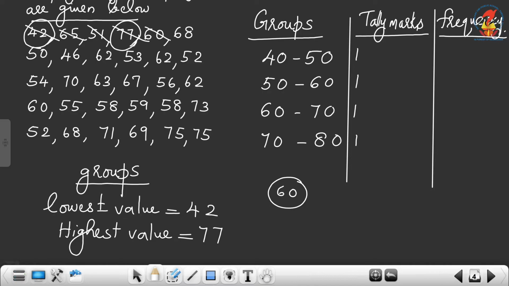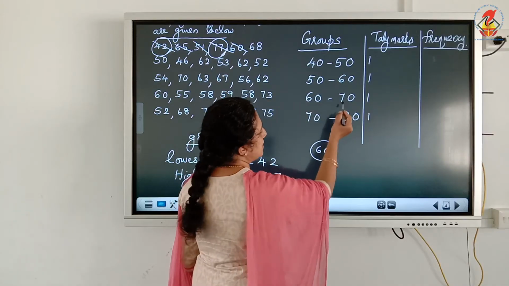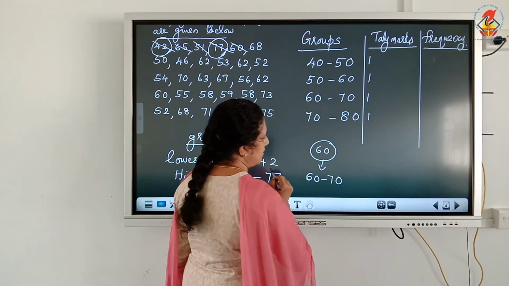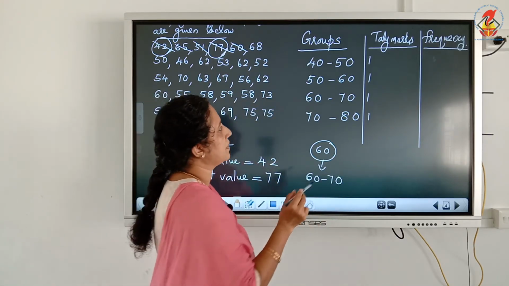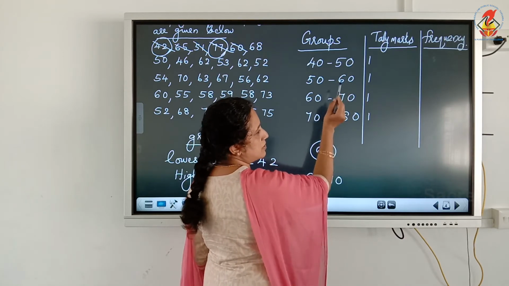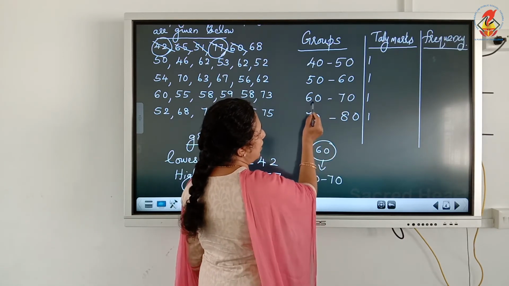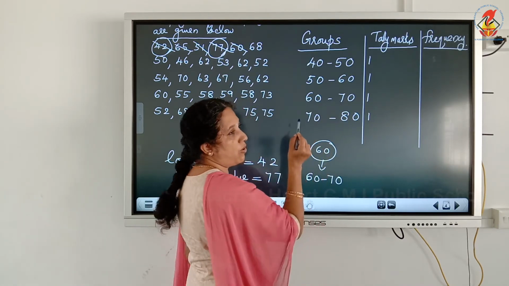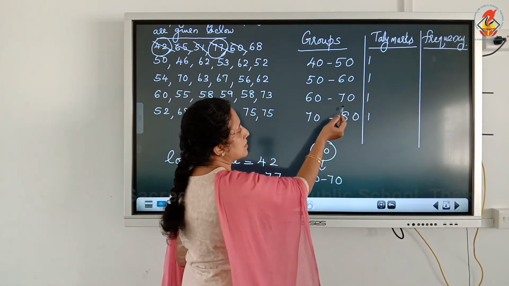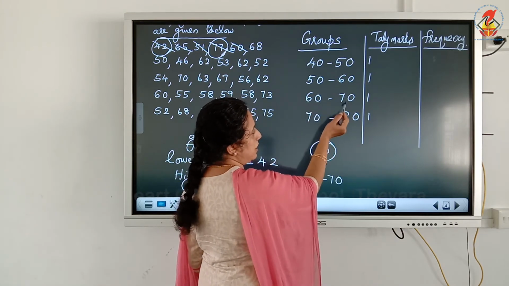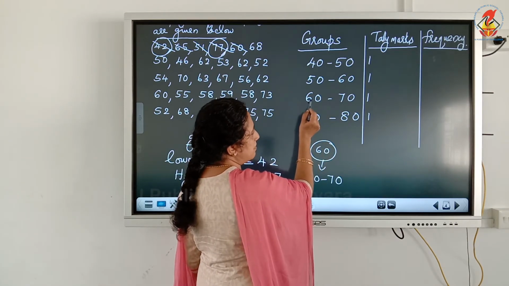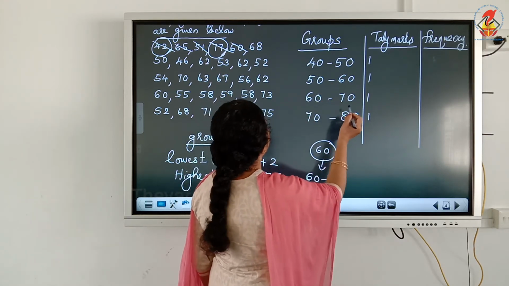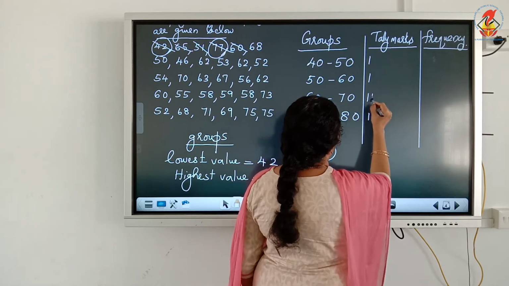So this 60 belongs to the group 60 to 70. It is not in 50 to 60. So remember, 60 you have to enter in the group 60 to 70.